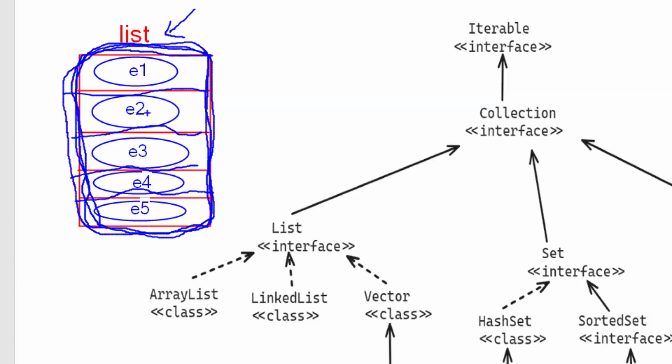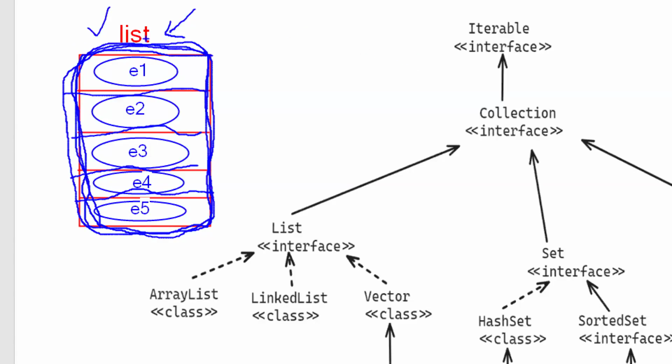We can organize the data so that we can search for it. Data here means objects. We can search for the objects, sort them, and retrieve them easily. To store, search, sort, retrieve, and transfer a group of objects, we use a collection.